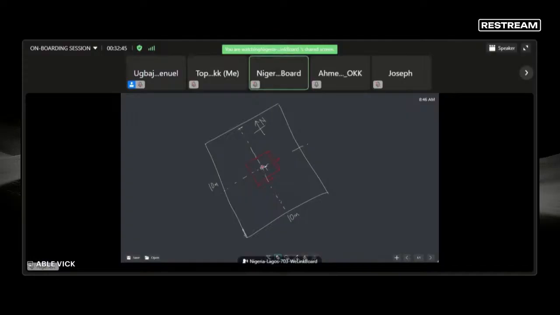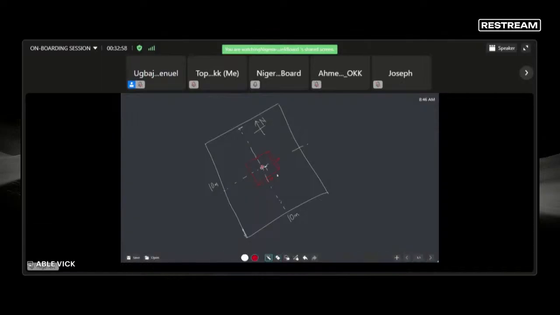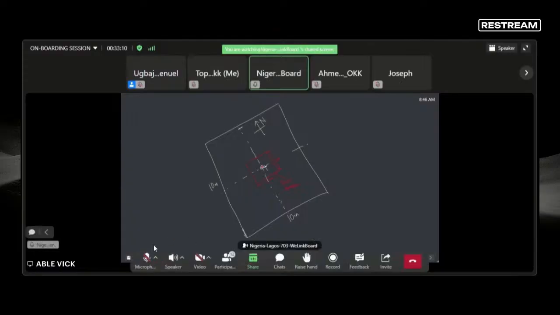You can see this tower foundation. This is the tower foundation. Can you see this tower foundation? Is this part clear?